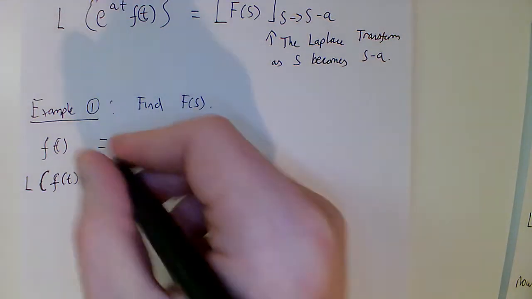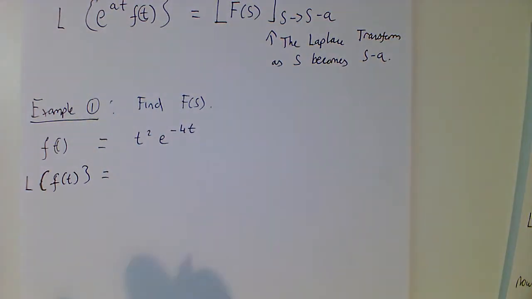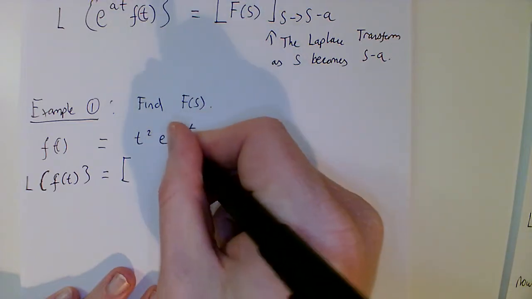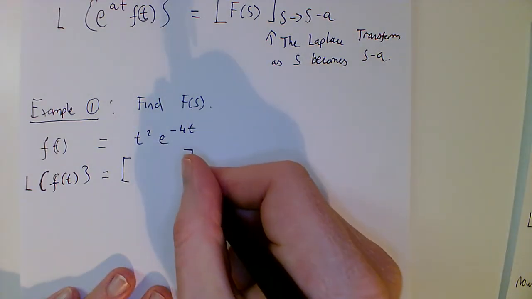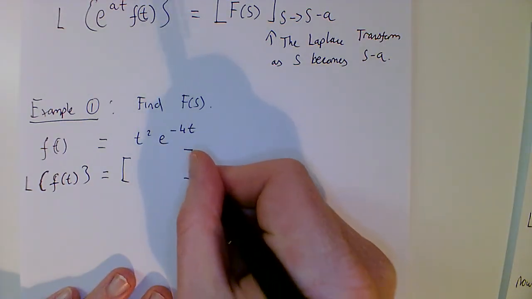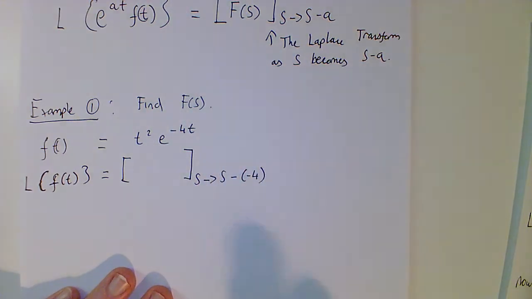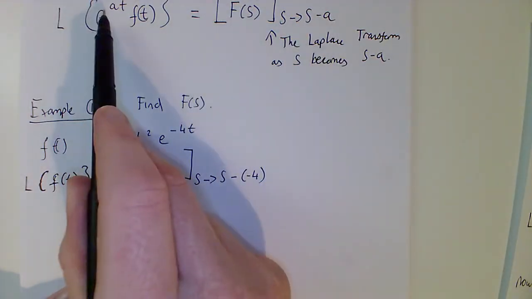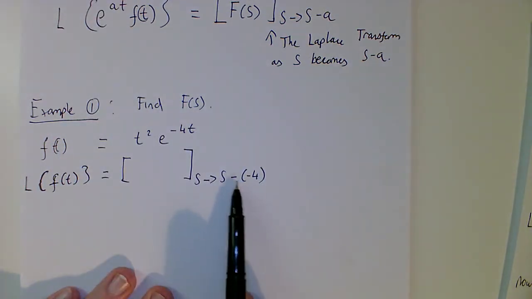So I find the Laplace transform of the bit not containing the e. Now, effectively the exponential term becomes a set of square brackets, and we write as s goes to s take away negative 4. Because remember the rule was s goes to s take away a when a is positive, so that means it's take away negative 4.